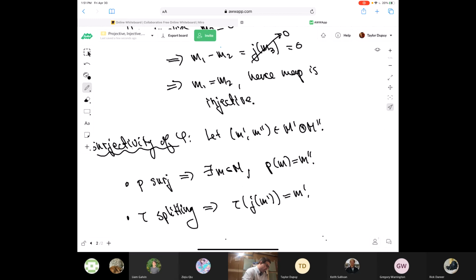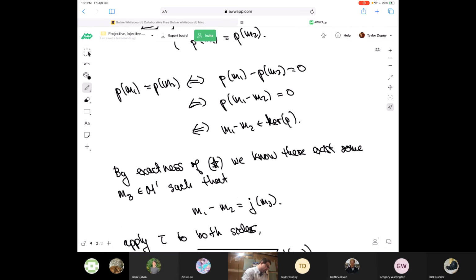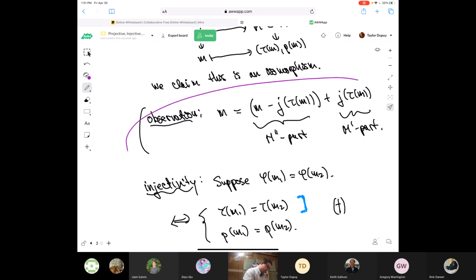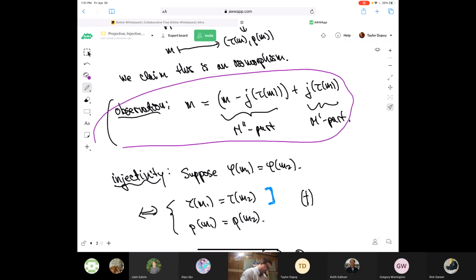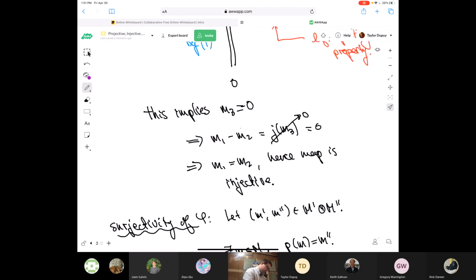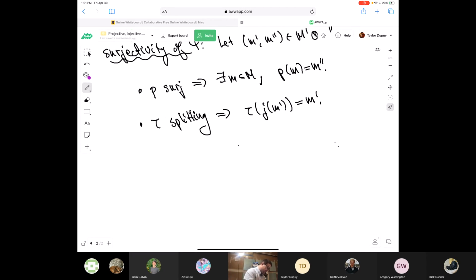And it's going to come back to this original observation here. So now we're going to use this observation. Okay, so we're going back down.